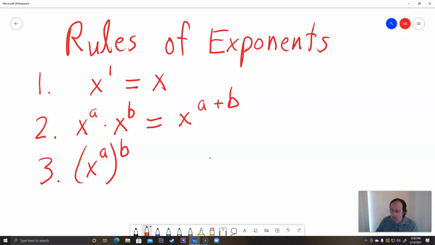You don't add them. Okay, so this is actually going to be x to the a times b. Or some people would just say x to the ab, because ab means a times b.